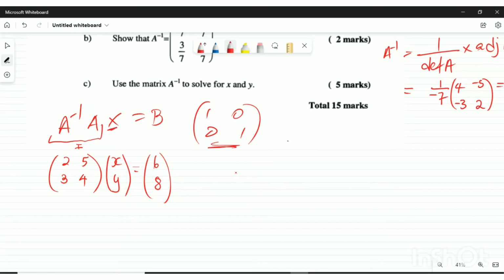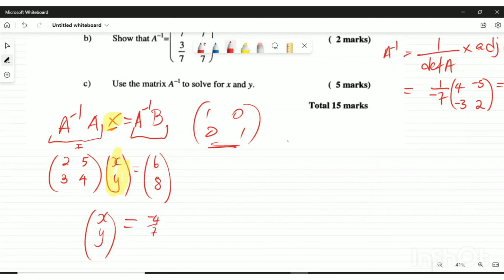Therefore, putting the inverse in front of A gives us the identity, and the identity times X still leaves X. Whatever you do on one side, you have to do to the other side. We have to put the inverse in front of B, so let us write the inverse here.